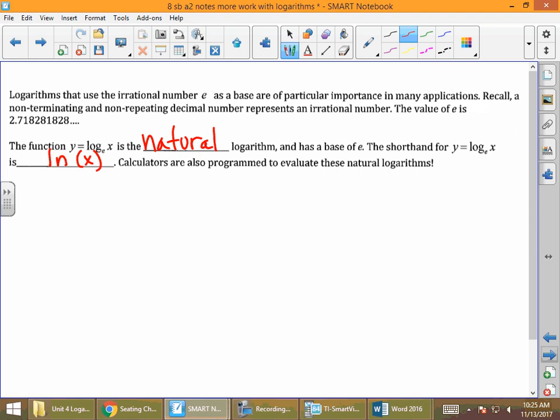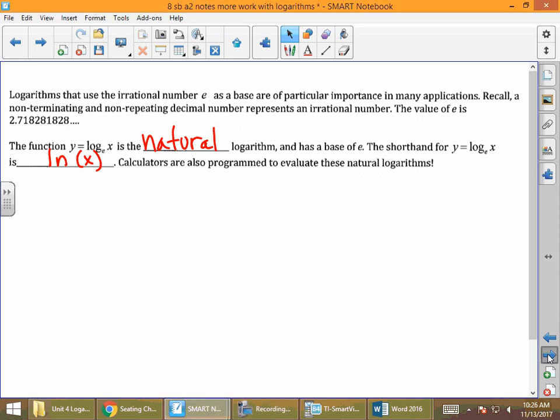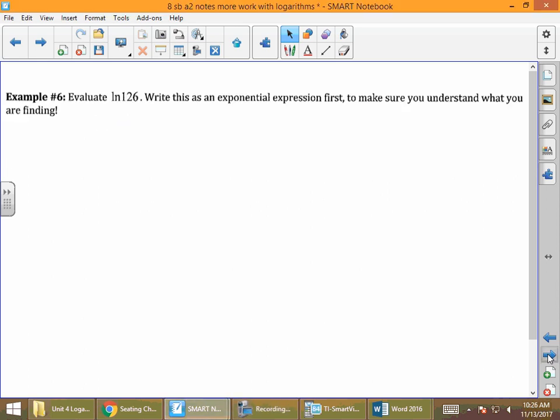Calculators are also programmed to evaluate these natural logarithms. So let's evaluate the natural log of 126.